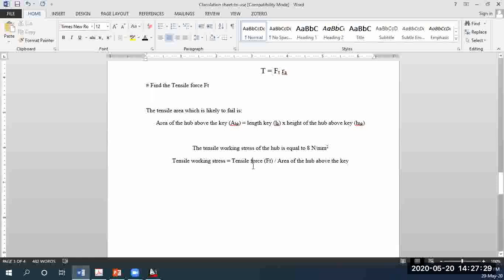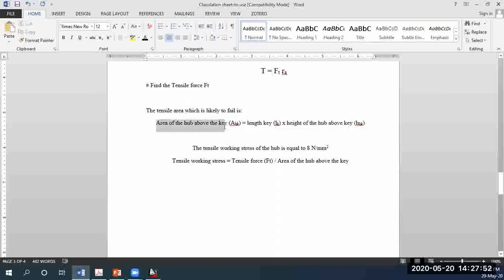The tensile force, are you aware of that? Yes, you are. Now the area of the hub above the key: the only variable left for you would be the height of the hub above the key. When it says the area of the hub above the key, all you need to do is input this equation here, the one above it. It goes in here.